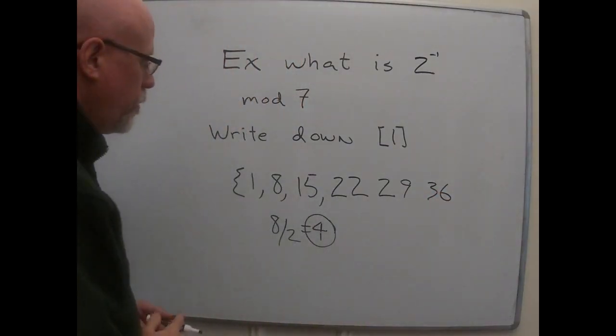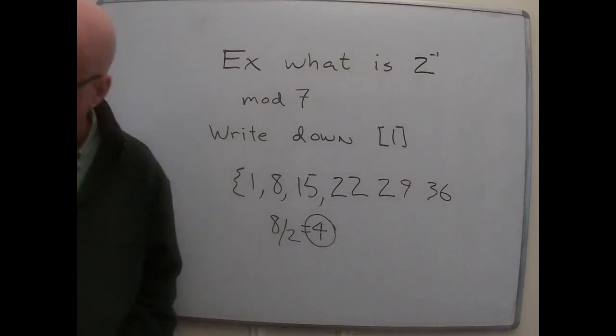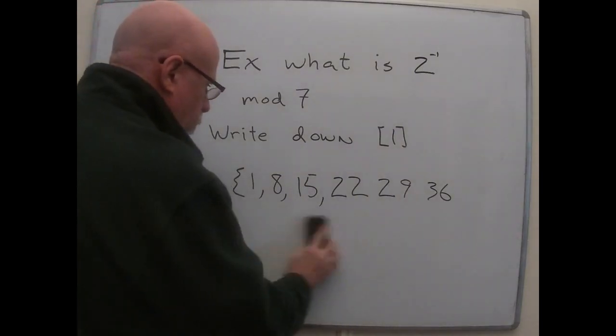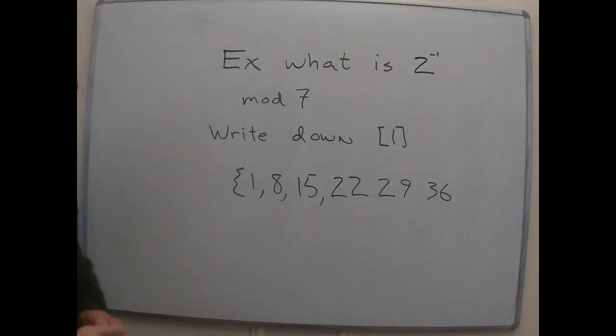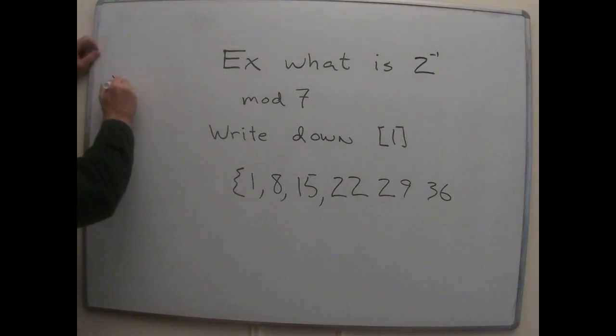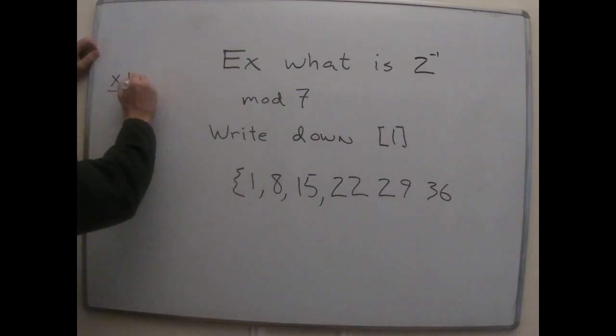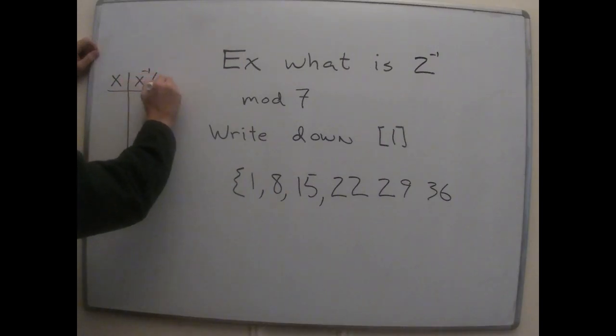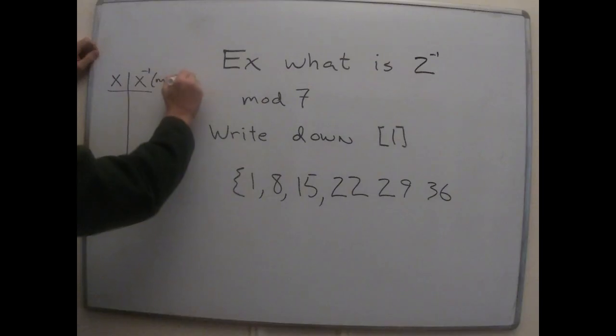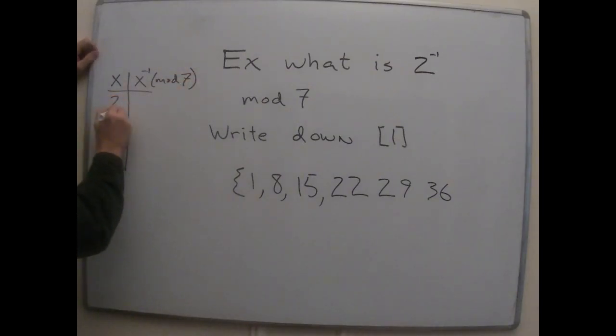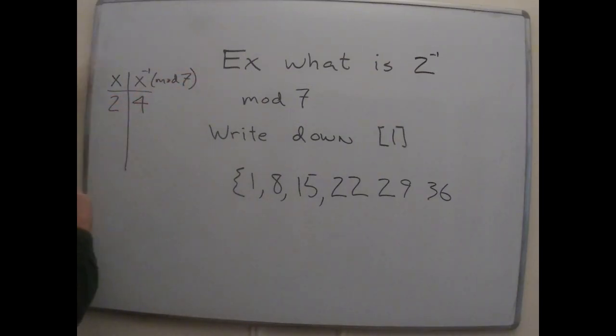That's pretty cool. So let's keep track of what we have discovered so far. I want to keep track of x and x inverse mod 7. And so 2, I found, had 4 as its inverse.